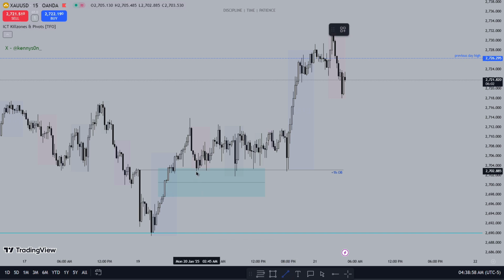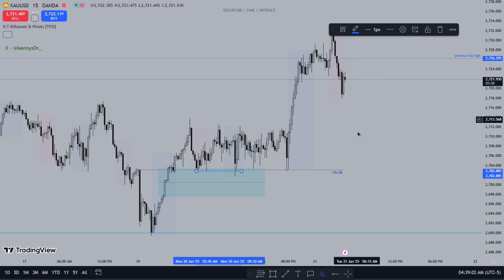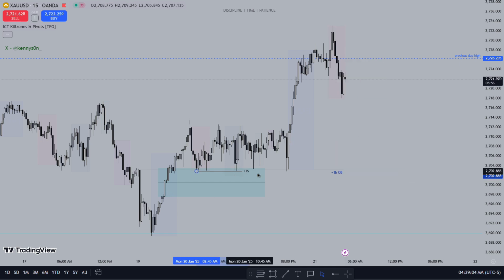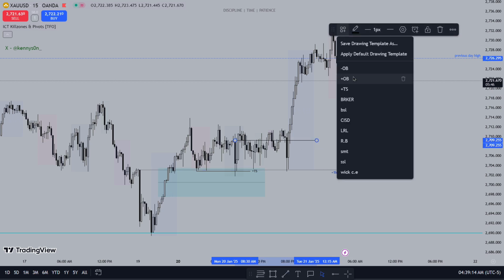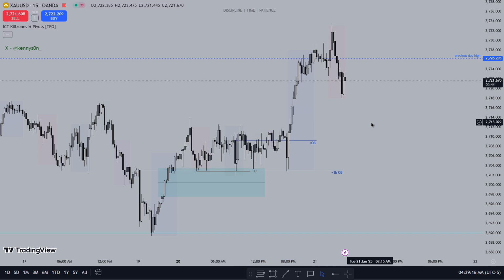This is London low. Total soup. We swept London low and then changed the state in delivery, order block on the 15-minute. And then all this was hard consolidation.